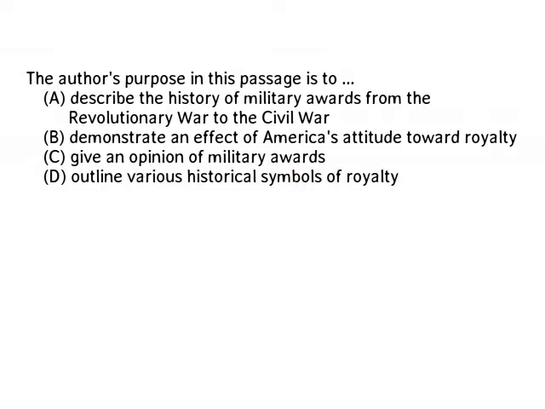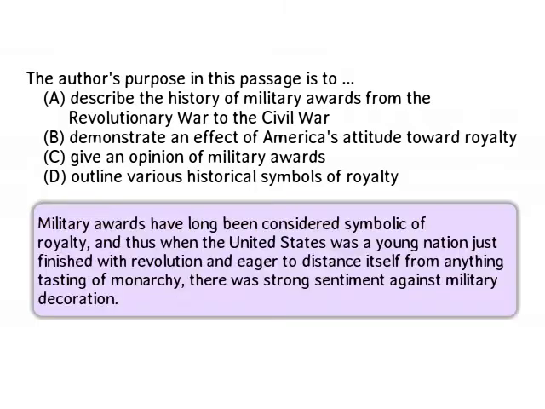And then the second question is the author's purpose in this passage. To answer this question correctly, you should revert to the main idea of the passage as outlined in the first sentence. The main idea is that there has been strong sentiment against military awards in the United States because military awards are symbols of royalty.